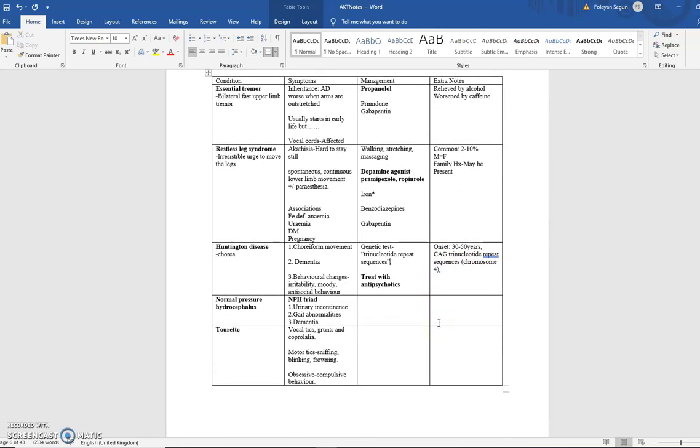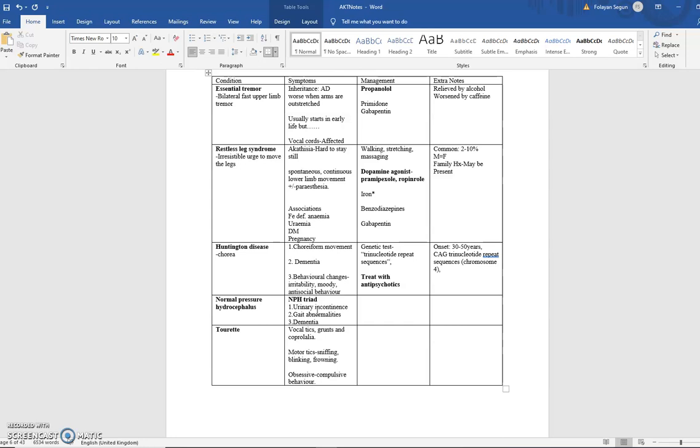Okay. Normal pressure hydrocephalus. I wouldn't say much about normal pressure hydrocephalus. I would just say that when you have a question about it, just like Huntington's disease, most of the time they are really interested in you being able to know what the diagnosis is.